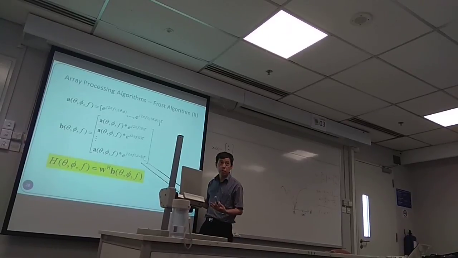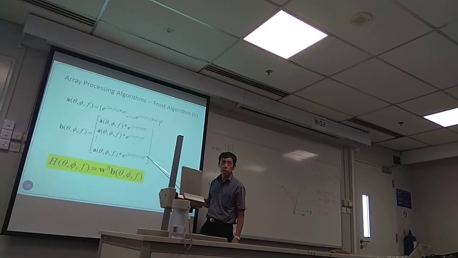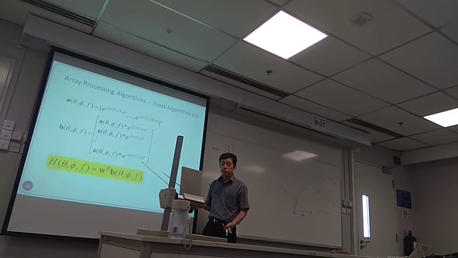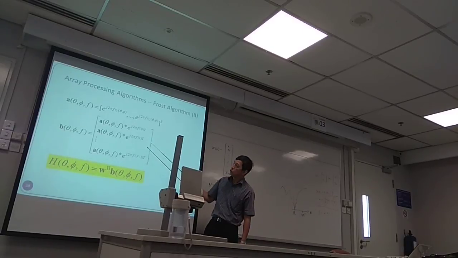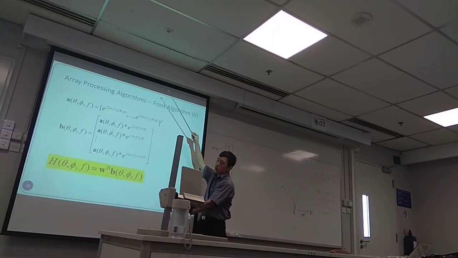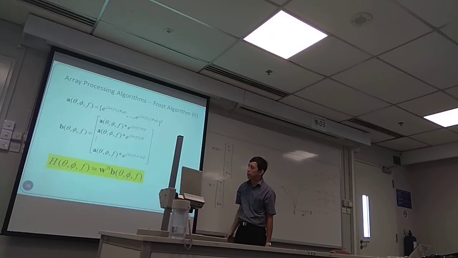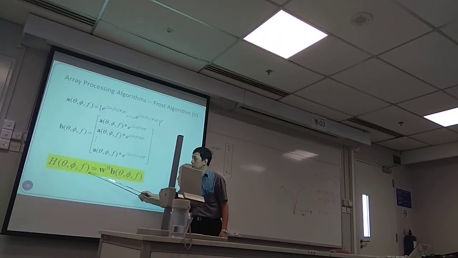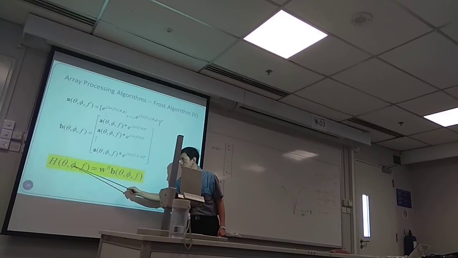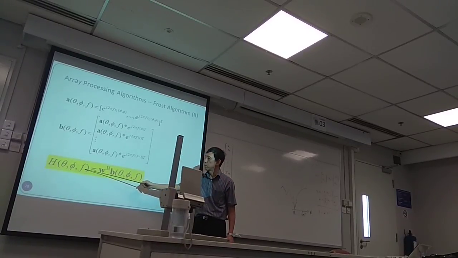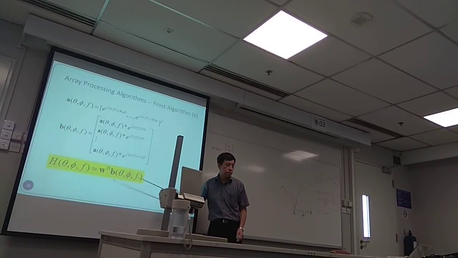If you have 4 taps, then this will be e^(j2πf·3T). If you have 10 taps, this will be 9T. If you have 100 taps, this will be 99T. So you can see that we have a very long vector. The array response is now not only a function of direction, but also a function of frequency, and it is given by this.